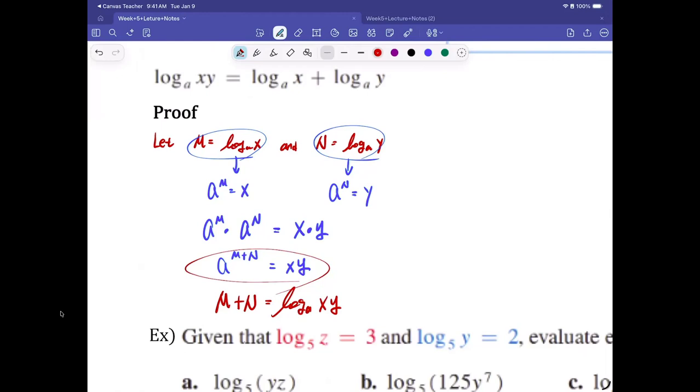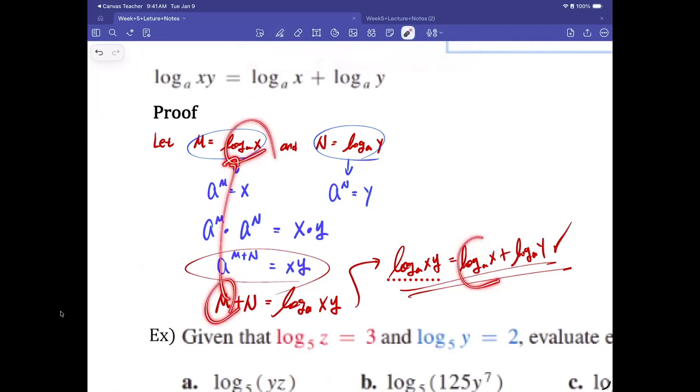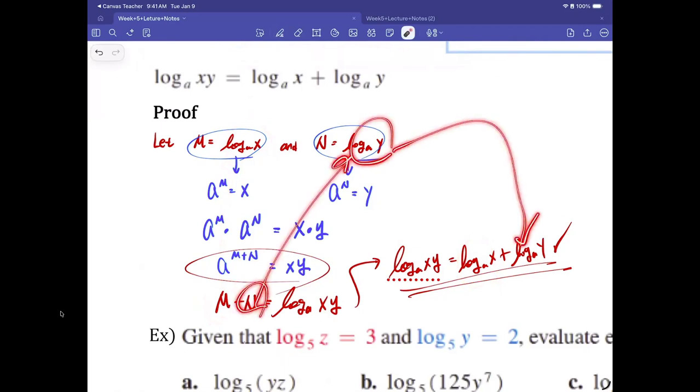So log base a of xy is log base a of x plus log base a of y. Check. Because m is this, so that's why we got it here, and n is this, so that's why it's here.